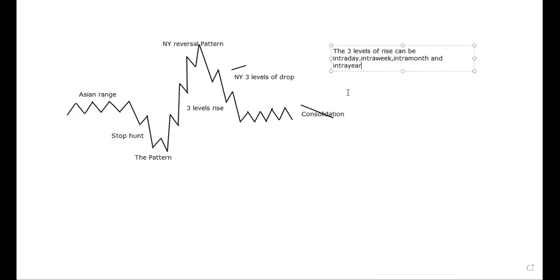I hope I'm not confusing somebody here. At least, the three levels of rise can be intraday, intra-week, intra-month, and intra-year.